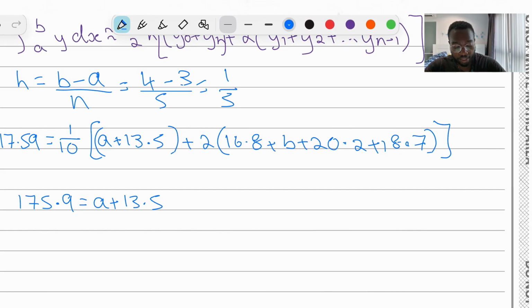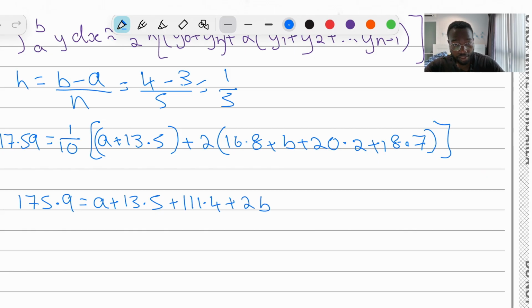For this next bit, if you work out 16.8 plus 20.2 plus 18.7, work the sum of that out, and then times it by 2, you get 101.4, and then we would have 2 times b, so you get just a 2b here.